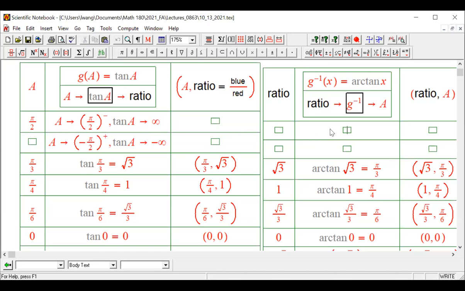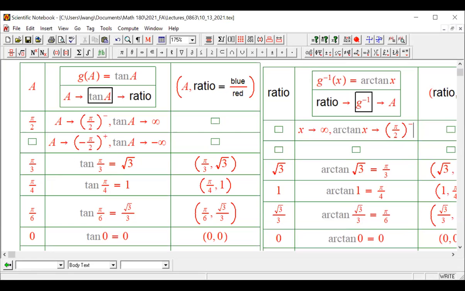Because of the swap, right? This is angle, this is ratio. Now ratio becomes the input, so X represents ratio. When ratio approaches positive infinity, the angle, which is the output now, arctan of X, approaches pi over 2 from smaller than pi over 2. You see that swap?